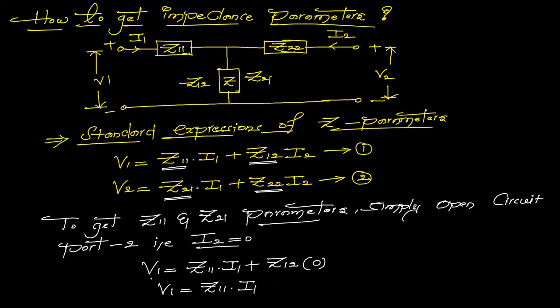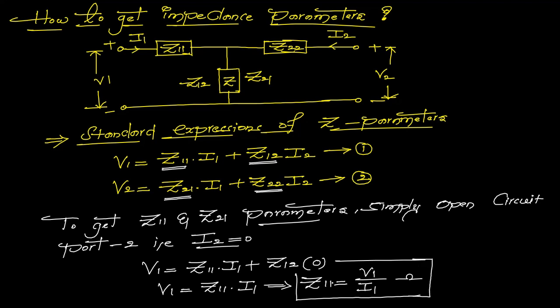Now this term, 0 into something, is 0, so finally V1 is equal to Z11 I1. From this expression we can write Z11 is equal to V1 divided by I1. The unit of impedance is always ohms.